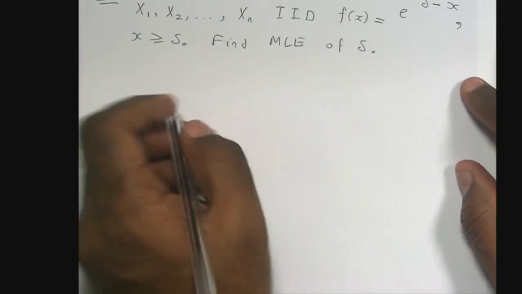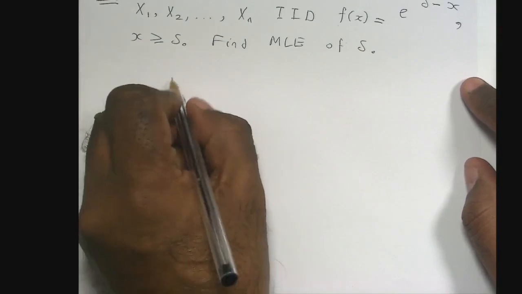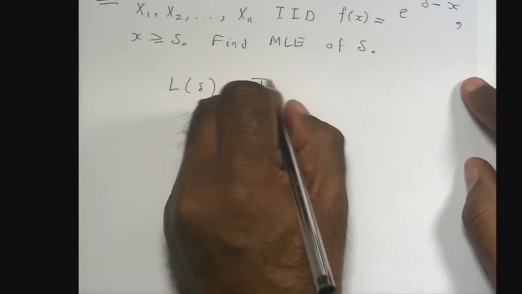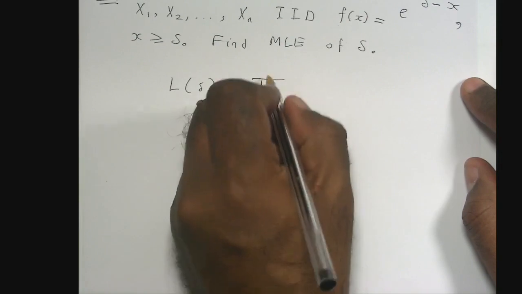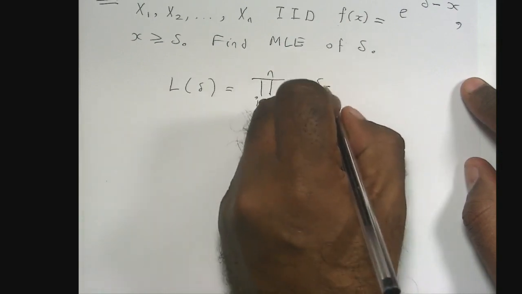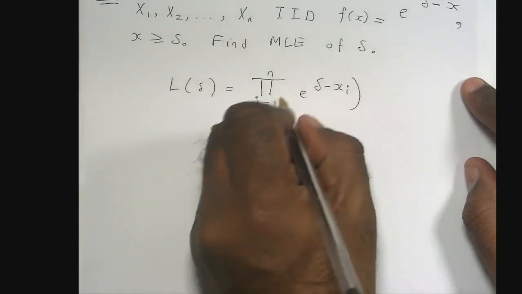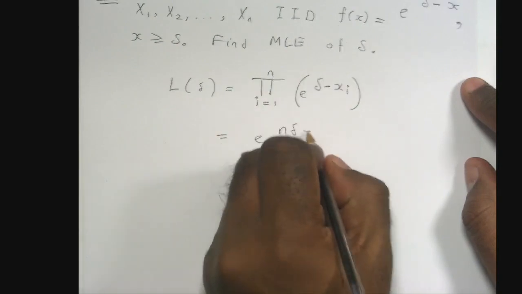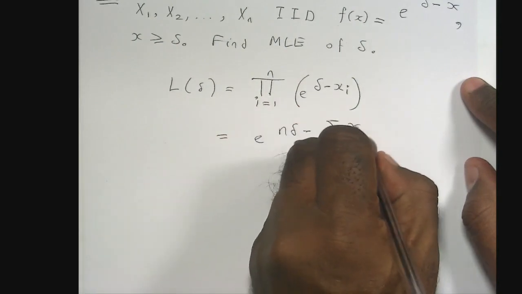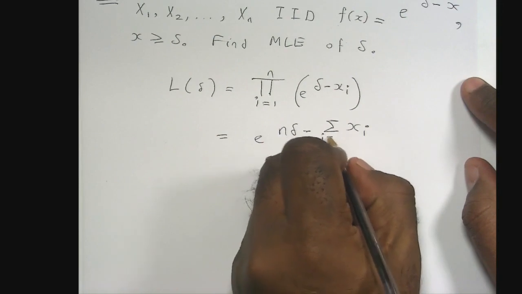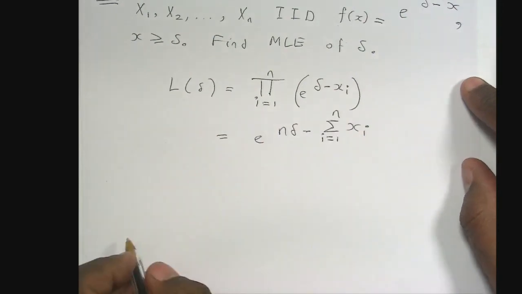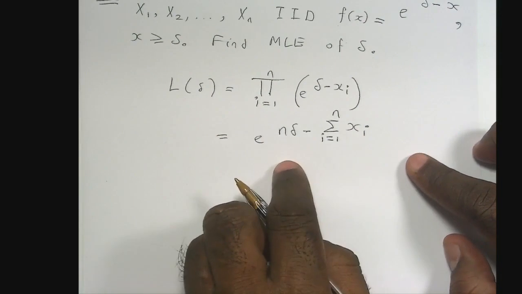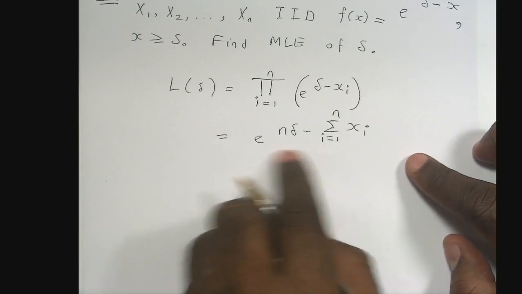Now you should do the standard approach, guys. The standard approach will give you this as the likelihood function.